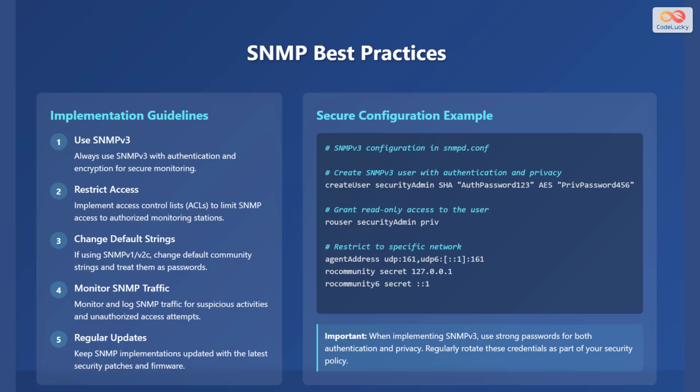Restrict access to a specific network by using the command agentAddress udp:161, udp6:[::1]:161, rocommunity secret 127.0.0.1, rocommunity6 secret ::1. When implementing SNMP version 3, use strong passwords for both authentication and privacy, and regularly rotate these credentials as part of your security policy.